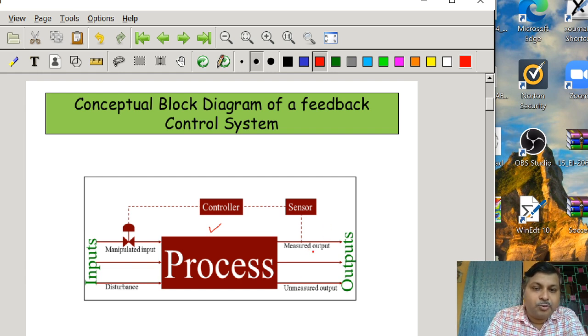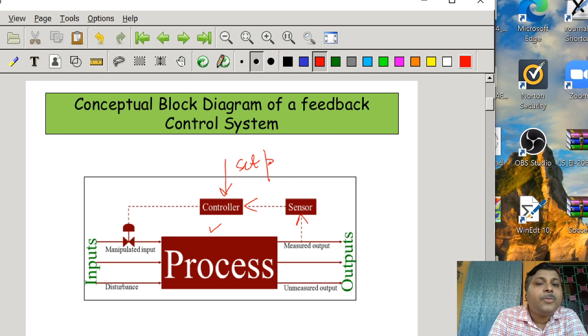To get the desired output, the output has to be measured by a suitable sensor. That measured output information goes to the controller. The controller has the set point, and with this set point the measured value is compared.